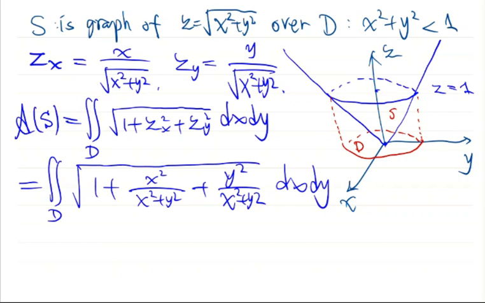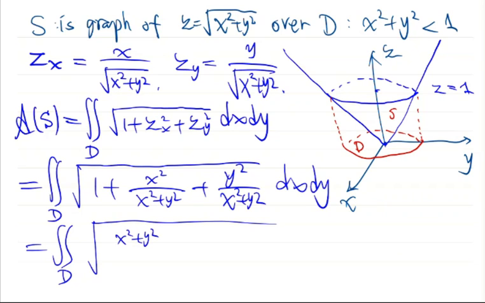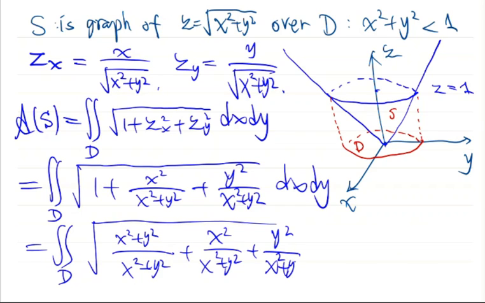So what is this? It is the square root of 1 plus x squared over x squared plus y squared plus y squared over x squared plus y squared, dx dy.